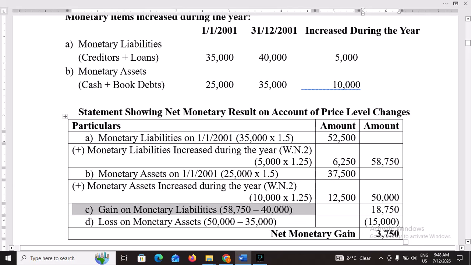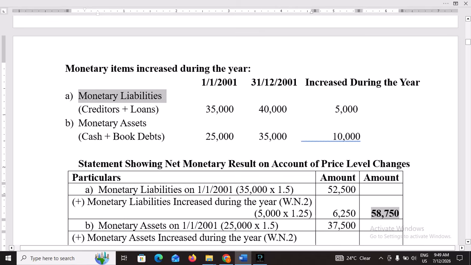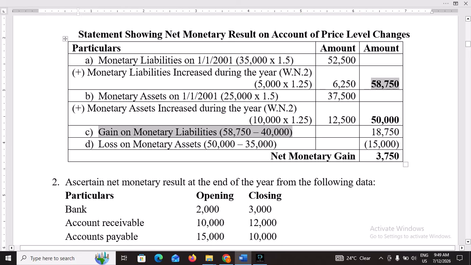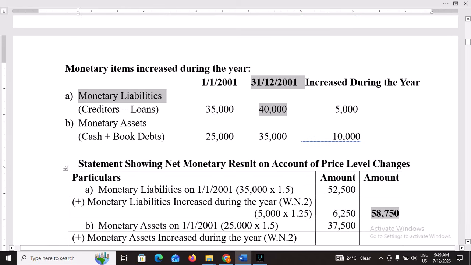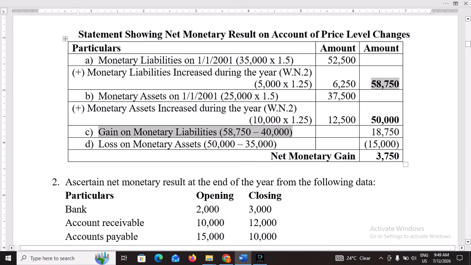Gain on monetary liabilities: monetary liabilities are 58,750, minus closing monetary liabilities of 40,000, so you get 18,750.